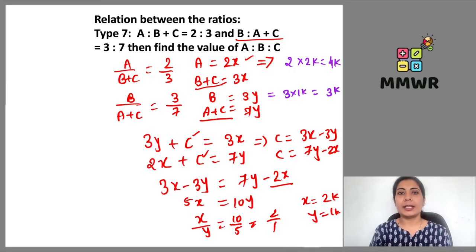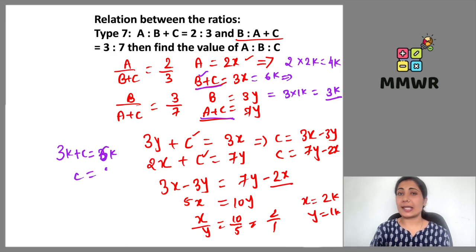It will be easy for us to simplify this. Now B plus C and A plus C. B plus C is 3x, which is 3 multiplied by 2k, so B plus C will be 6k. The B value is 3k, so 3k plus C equals 6k. That means the value for C will be 6k minus 3k, which gives us 3k.